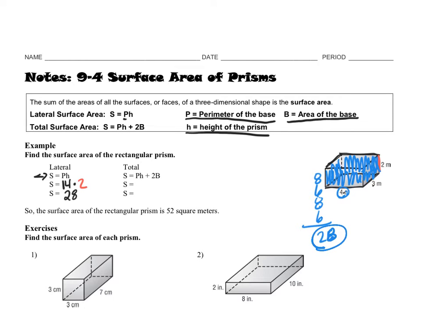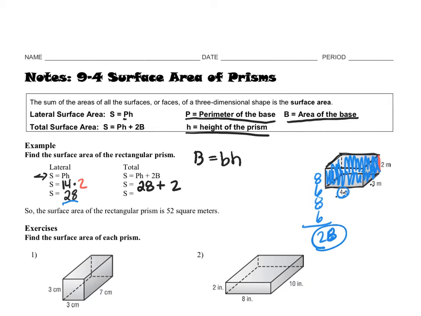When I added up all those different pieces, what did we get? 28. So it should match, right? Now my total surface area should be this 28 plus 2B, so the area of the base. Remember, B stands for area of the base. My base is 4 times 3.